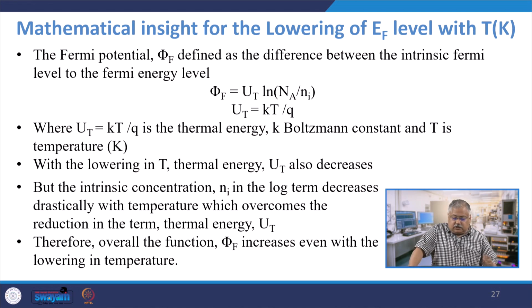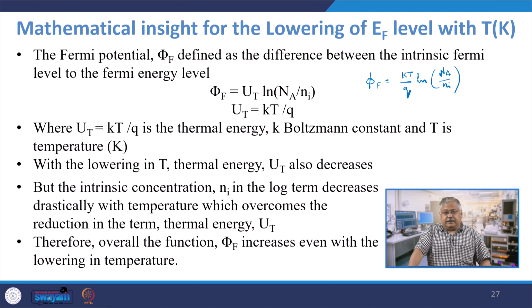Now, as I discussed with you, the Fermi potential is defined as the difference between the intrinsic Fermi level and the actual Fermi level at temperature T, and is given by ut ln of Na by Ni, where ut is kT by q. So, if you look carefully, phi f will be equal to kT by q ln of Na by Ni, correct.